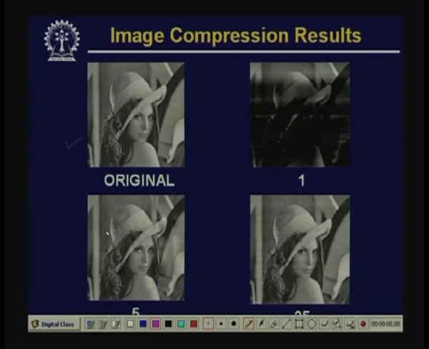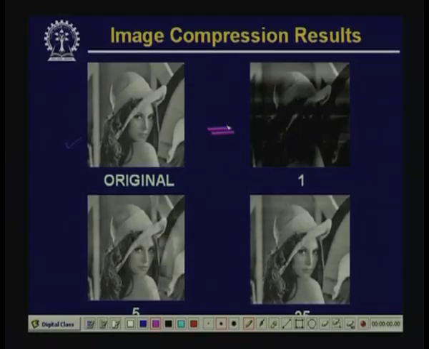Now, when this original image is transformed and reconstructed using the transformation matrix with only one eigenvector, which corresponds to the largest eigenvalue of the covariance matrix, the reconstructed image that we get is given by this result. Here you find that the reconstructed image is not at all good, but still from it we can make out what this image is about.